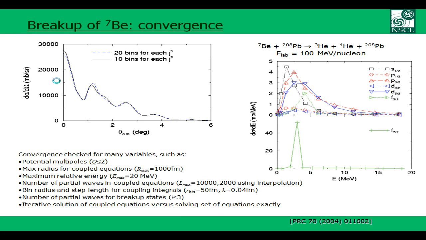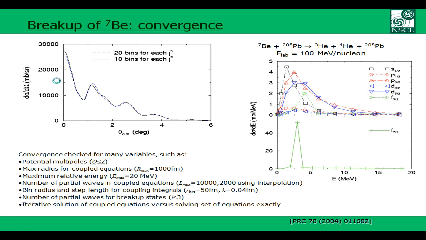And we know, I mean, some of us do CDCC calculations routinely, and we know that there are calculations out there that are published and that aren't converged, and that's not good because then you're basically extracting things that aren't meaningful. So here's a list, and you can follow this list of all the things that need checking for convergence in a CDCC calculation.